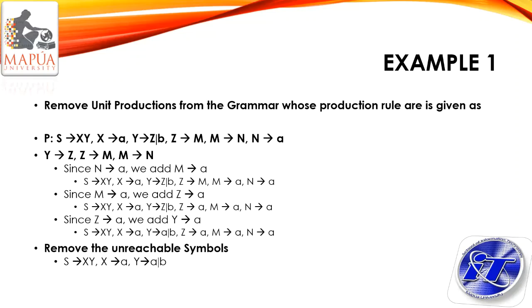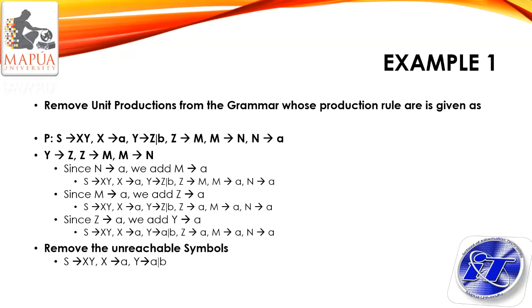Now we're going to check which of the production rules can be reached from the start state. The start state yields XY, X will go to a, and Y will go to either a or b. As you can see, Z, M, and N cannot be reached through the start symbol, so they could be removed.